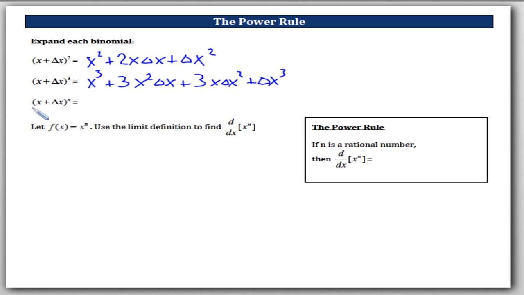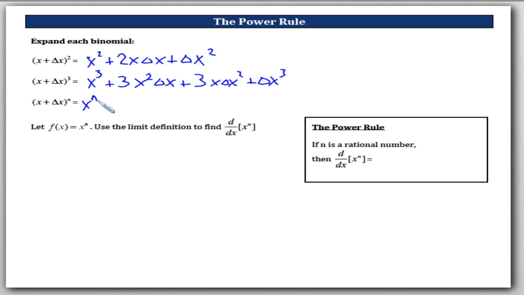Now the expansion, when we go x plus delta x to the nth power, you can kind of see what's happening here. The coefficients go using Pascal's triangle, and the x powers go down by 1 each time, and the delta x powers go up by 1 each time. And so this is what that looks like mathematically.